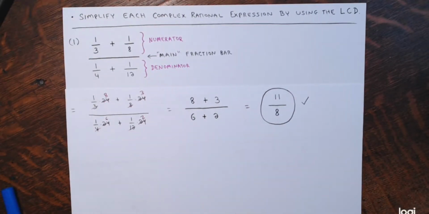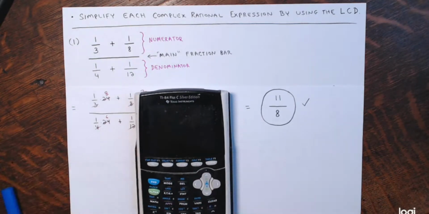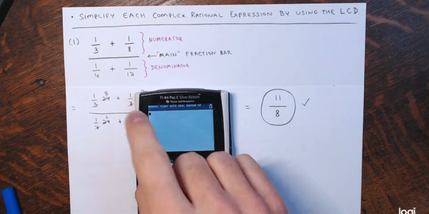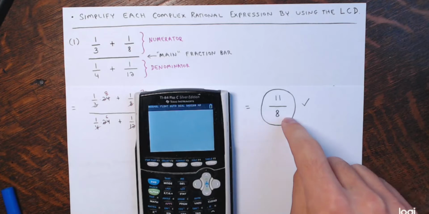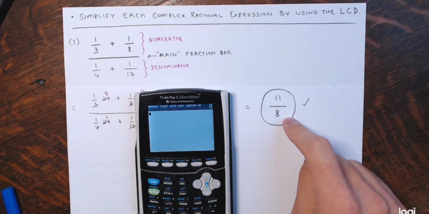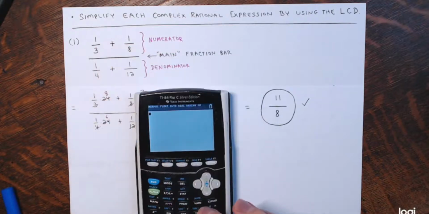So I'm going to do that with a calculator. Now again, this might seem tiny, but I'll say what I'm typing. I'm going to check to see if this original expression is indeed the same value as this final one. Now the numerator has multiple terms, so I'm going to put that in parentheses.